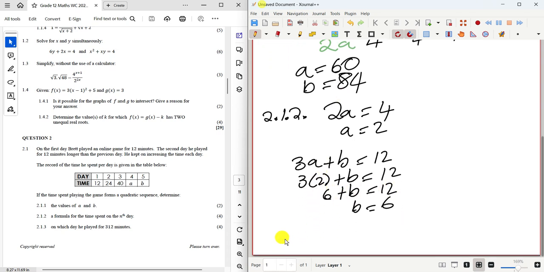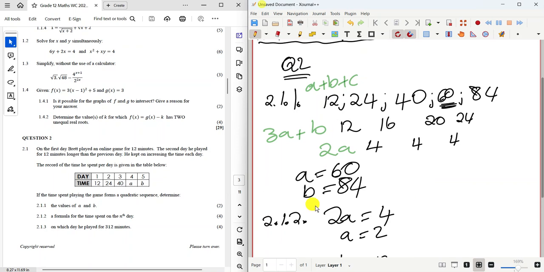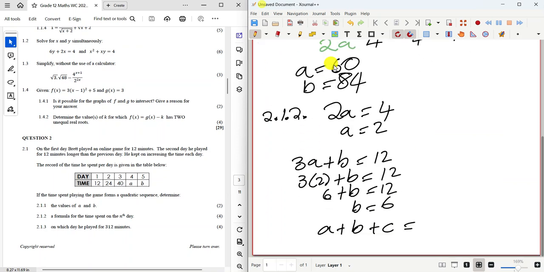Perfect. Now, a plus b plus c equals the first term, which is equal to 12. a was 2, b was 6, c we do not know.